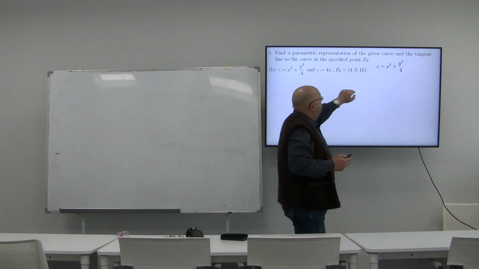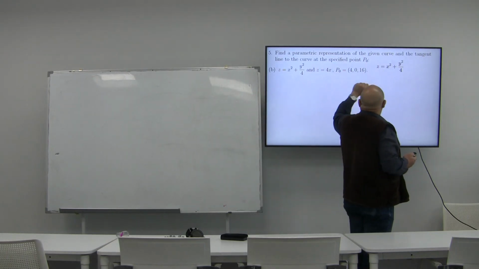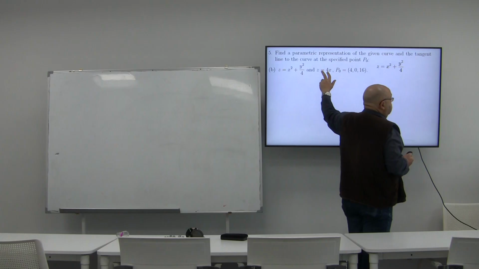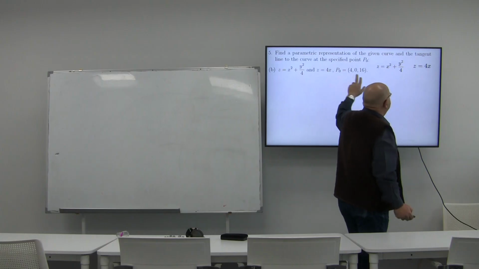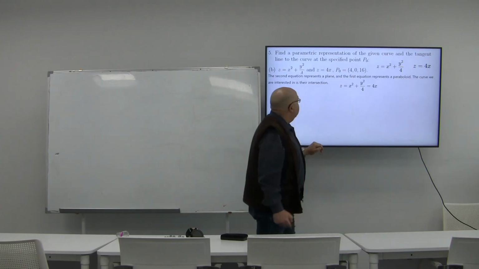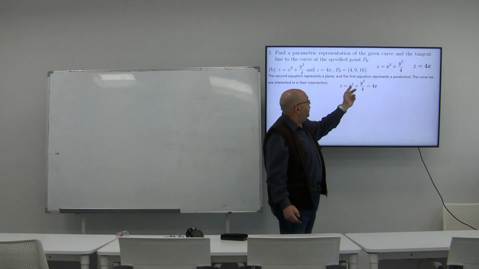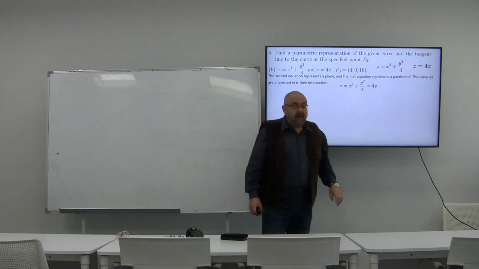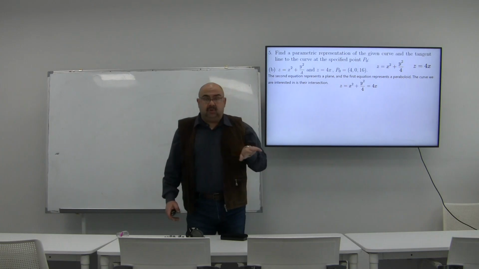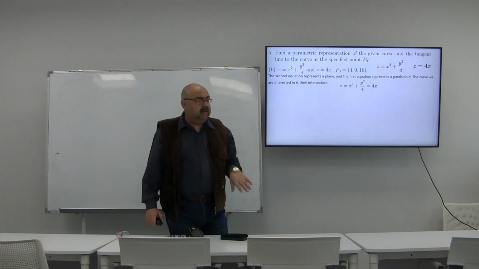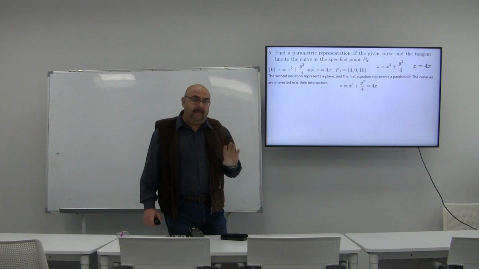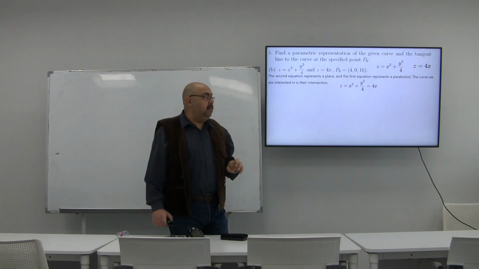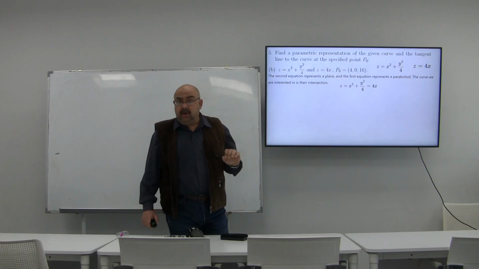So now I will just replace z by 4x. So the equation at the time being will be, as you can see, 4x equals x squared plus y squared over 4. There are a lot of ideas about parametrizing. I will use the ellipse here by forming an ellipse equation from these.